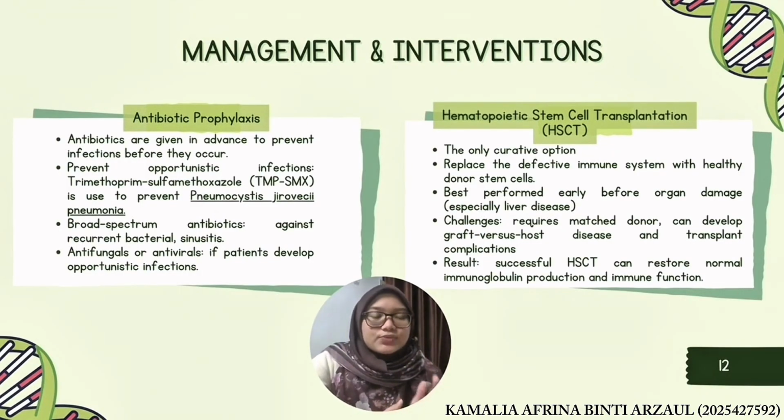The challenges of this therapy are that it requires a matched donor and the patient can develop graft versus host disease and other complications after the transplantation process. A successful HSCT can restore the patient's normal immunoglobulin production and immune functions.